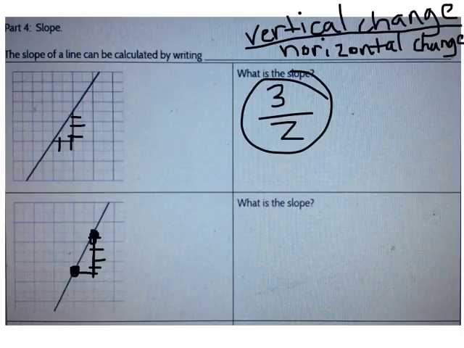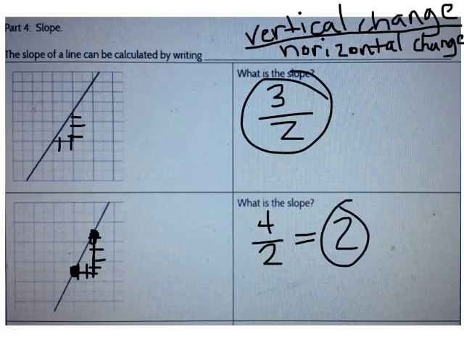The horizontal change is 2, so the slope is 4 over 2. To find the slope as a whole number, proper fraction or improper fraction in simplest form, I need to divide. What's 4 divided by 2? It's 2. The slope is 2.